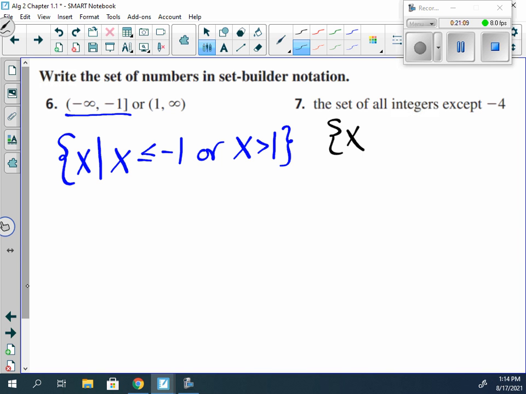We would use RE, and then to see with the line, our integers, such that x is not equal to -4. X is any integer except for -4.